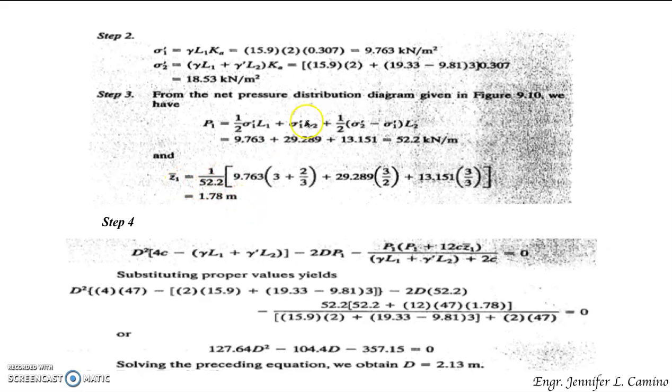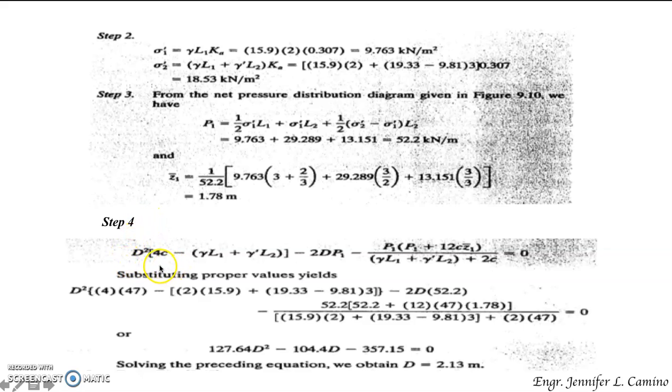To compute for Z bar, that would be equivalent to the moment of the pressure diagram, multiplied by the moment arm distance, over our total force. So that would give us our Z bar, and that would be equal to 1.78 meters.